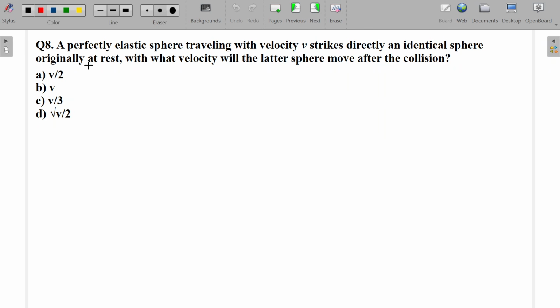Okay, question 8. A perfectly elastic sphere traveling with a velocity v strikes directly an identical sphere originally at rest. With what velocity will the latter sphere move after the collision? A, v over 2; B, v; C, v over 3; D, the square root of v over 2.